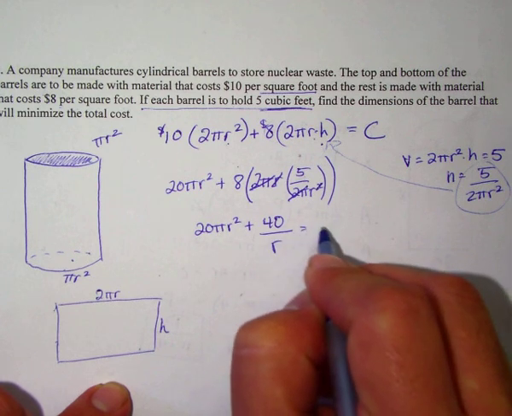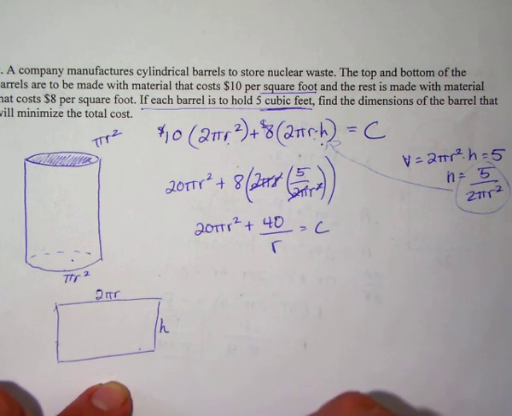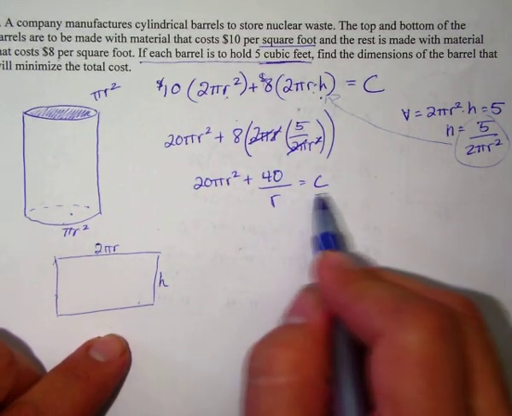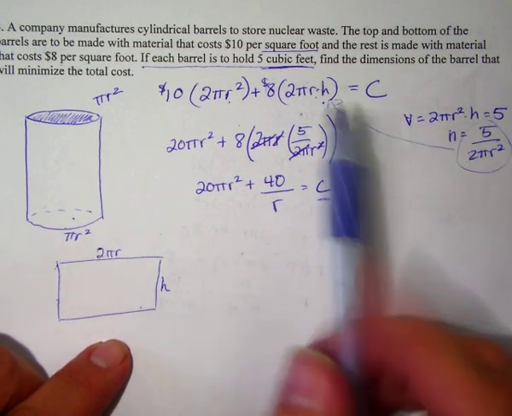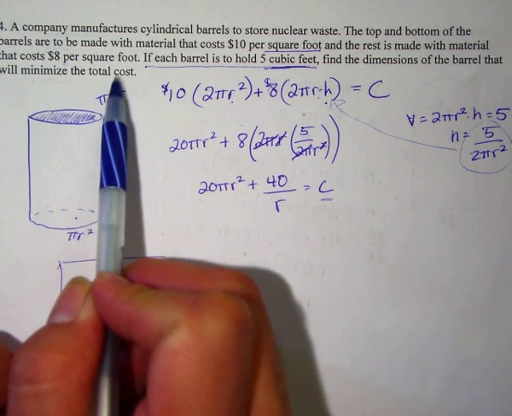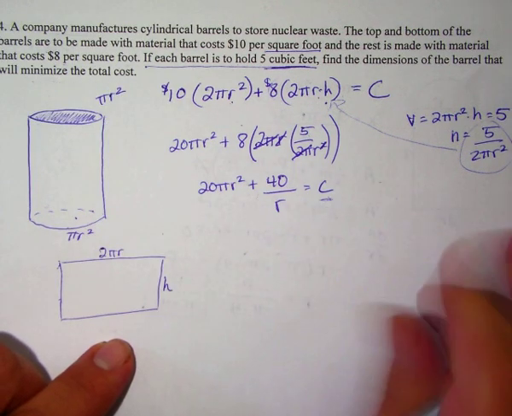And I'm going to set that equal to c, and we're going to take a derivative because this is what we're trying to minimize. It says here we're minimizing the total cost. So this is the cost function that we're going to minimize.